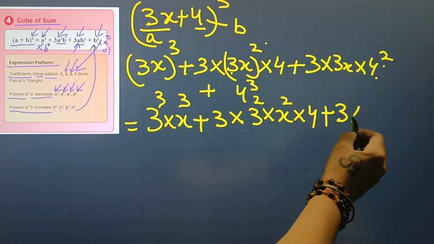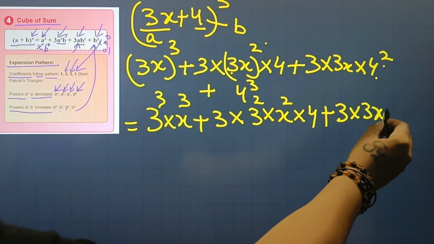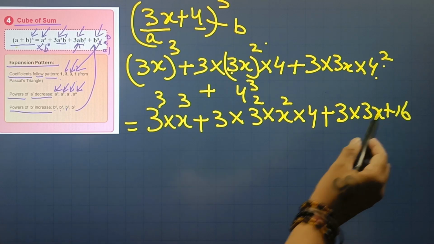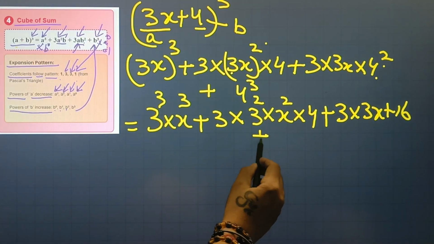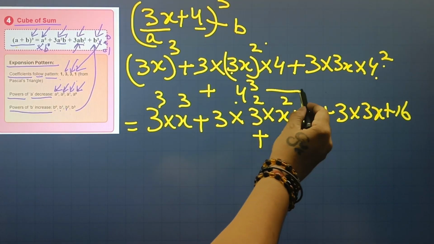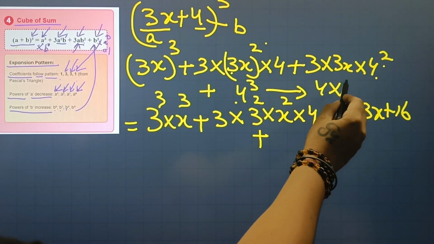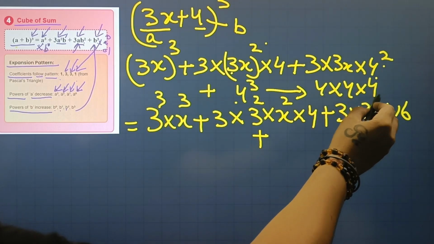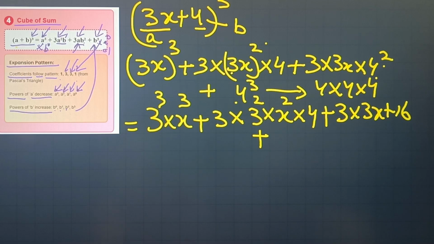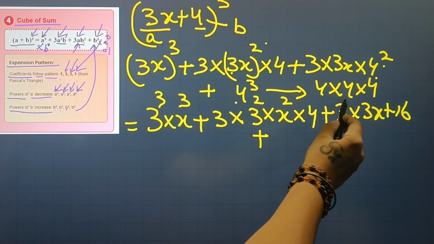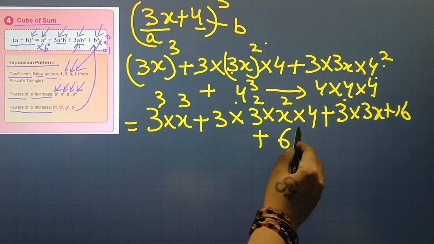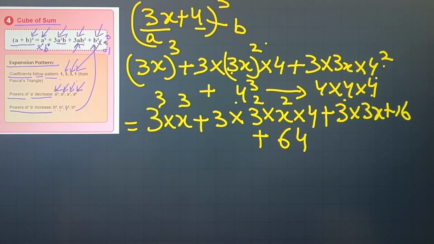So plus 3 into 3x into 16 here. And last is 4 raised to the power 3, which is 4 into 4 into 4. That is 4, 4 is 16, 4 is 64. So this is 64. Now let's further simplify these terms.